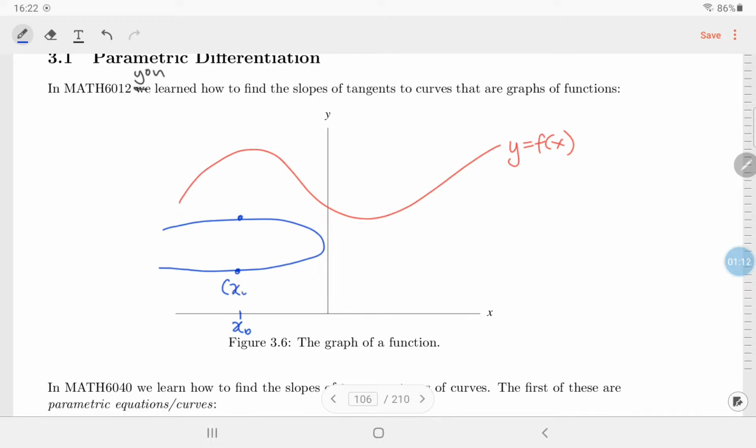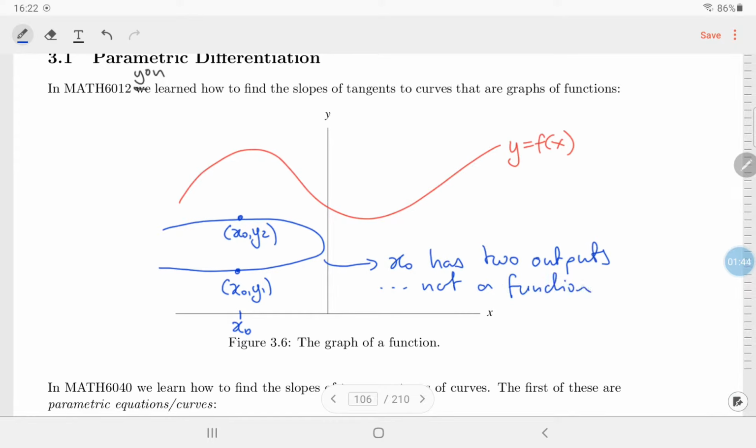So I say x0, y1, x0, y2. But for a function, you put in an input, there's only one output. And the graph is all the points of the form input, output. So this says x0 has two outputs. But that's not a function.